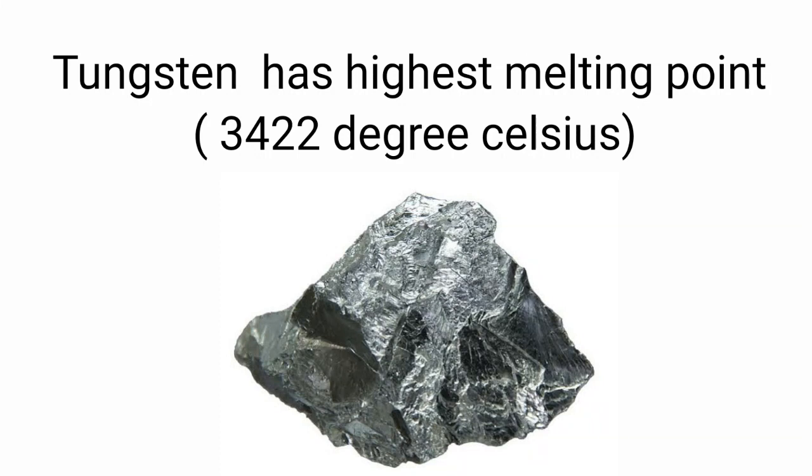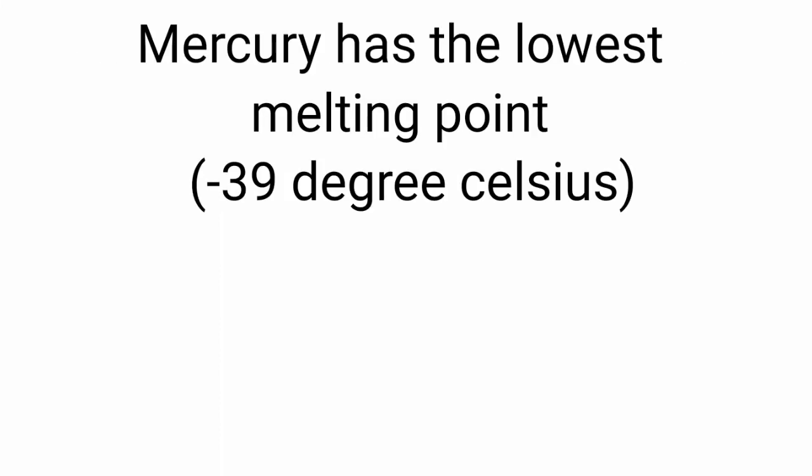So tungsten has the highest melting point. And mercury is a metal that has the lowest melting point, that is minus 39 degrees Celsius. Mercury will start melting at minus 39 degrees Celsius only. It has the lowest melting point and mercury is a liquid metal.